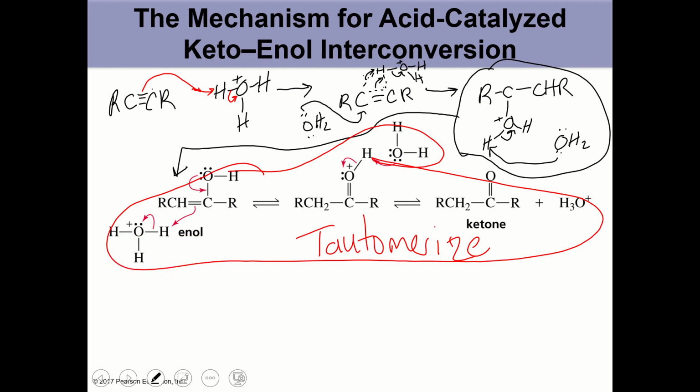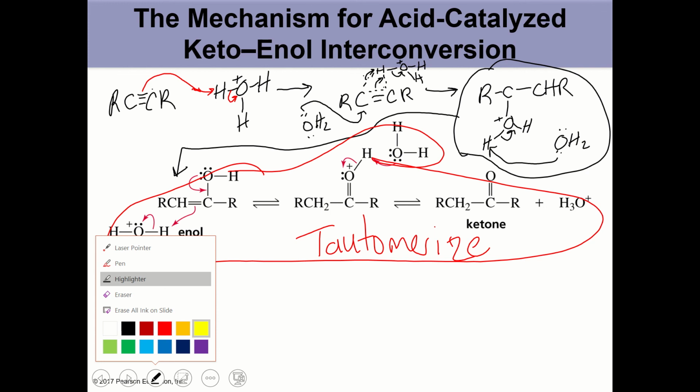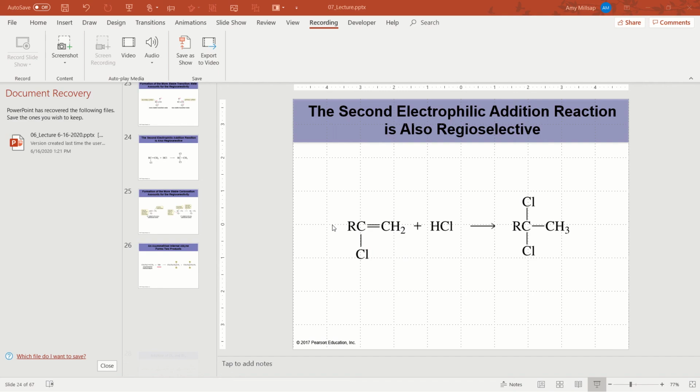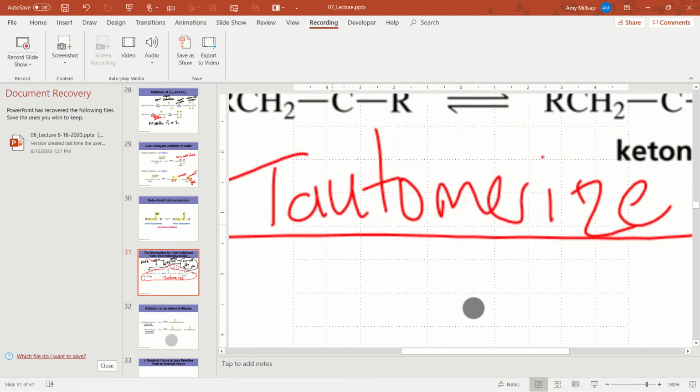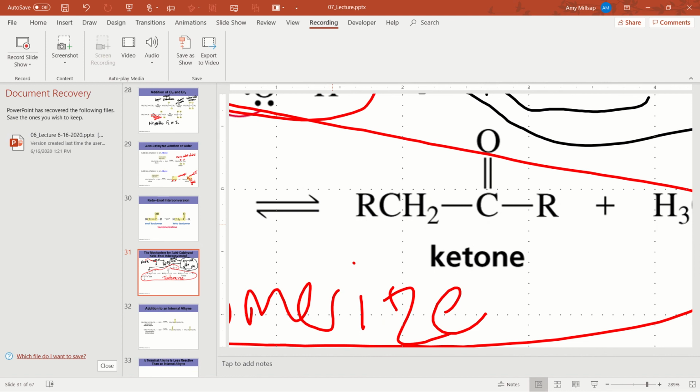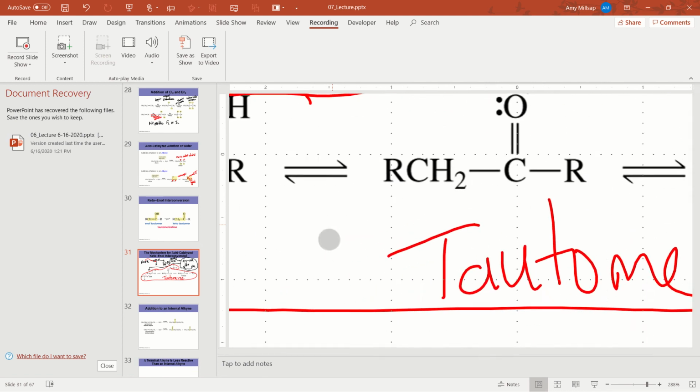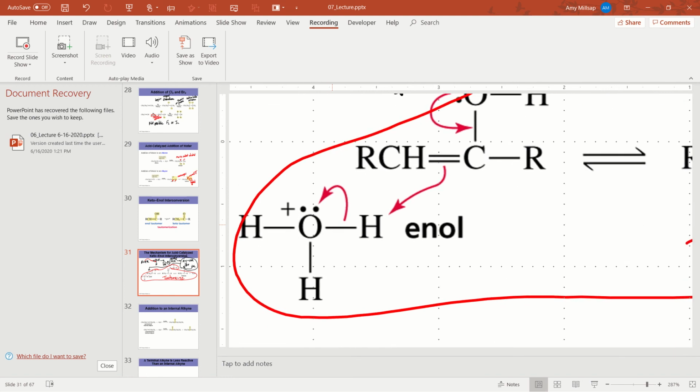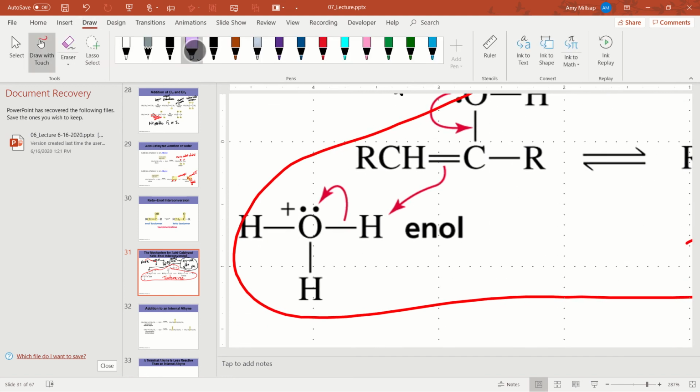So our differences are, here what we have is we added this hydrogen to this carbon using these pi electrons.